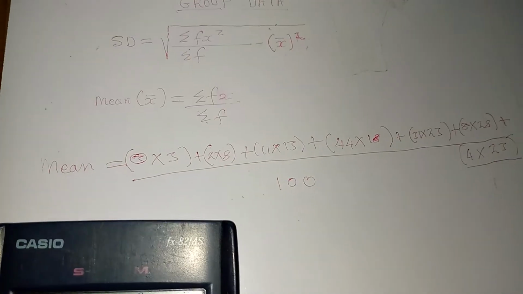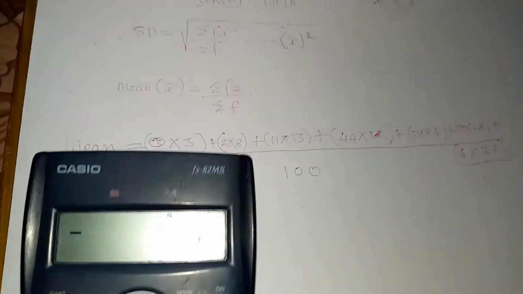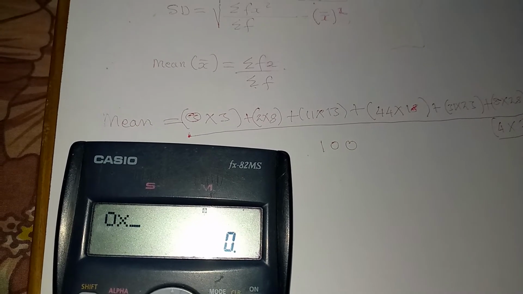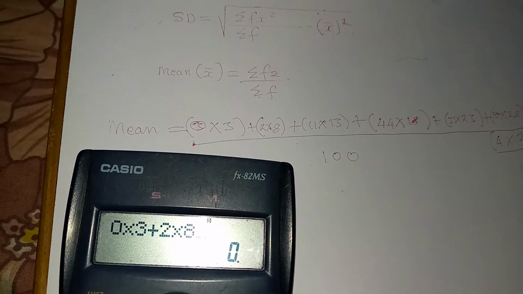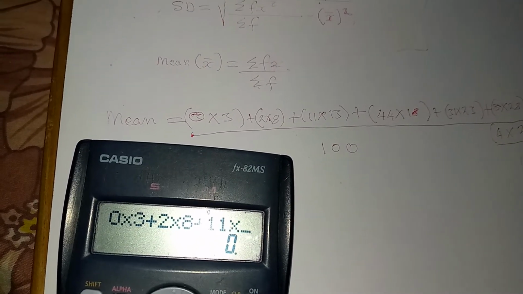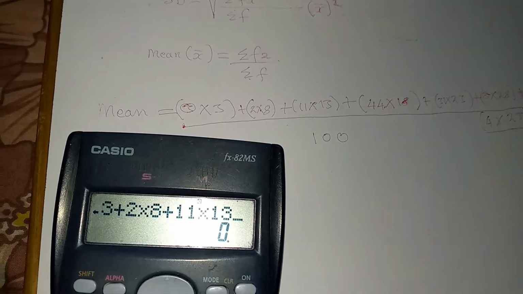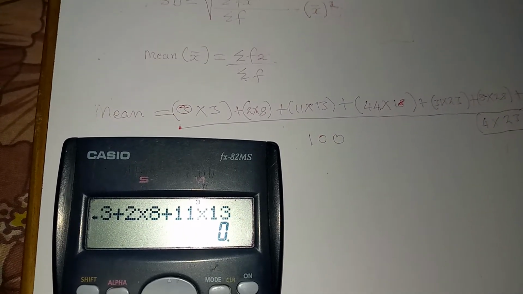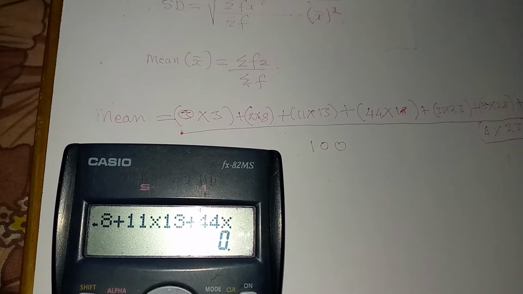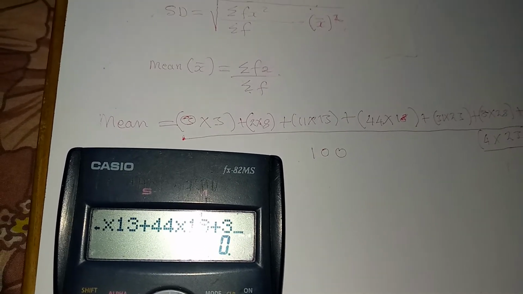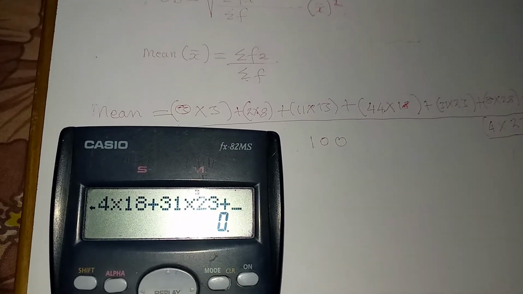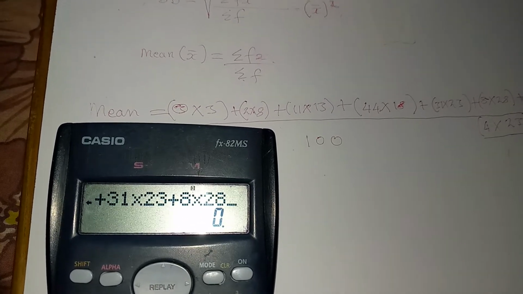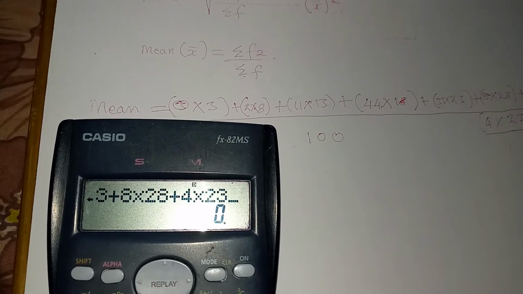Then you come on your calculator here. You start multiplying and adding: 3 times 0, then plus 2 times 8, plus 11 times 13, plus 44 times 18, plus 31 times 23, plus 8 times 28, plus 4 times 23.